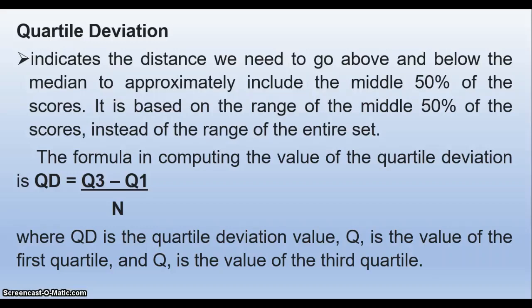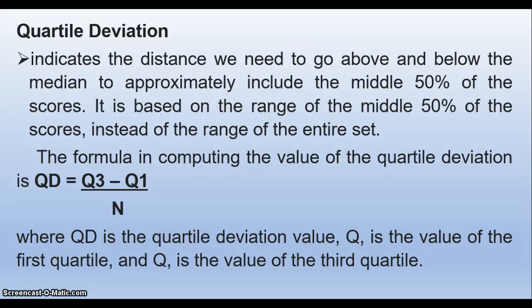So next, let's have the quartile deviation. Quartile deviation indicates the distance we need to go above and below the median to approximately include the middle 50% of the scores. It is based on the range of the middle 50% of the scores instead of the range of the entire set.